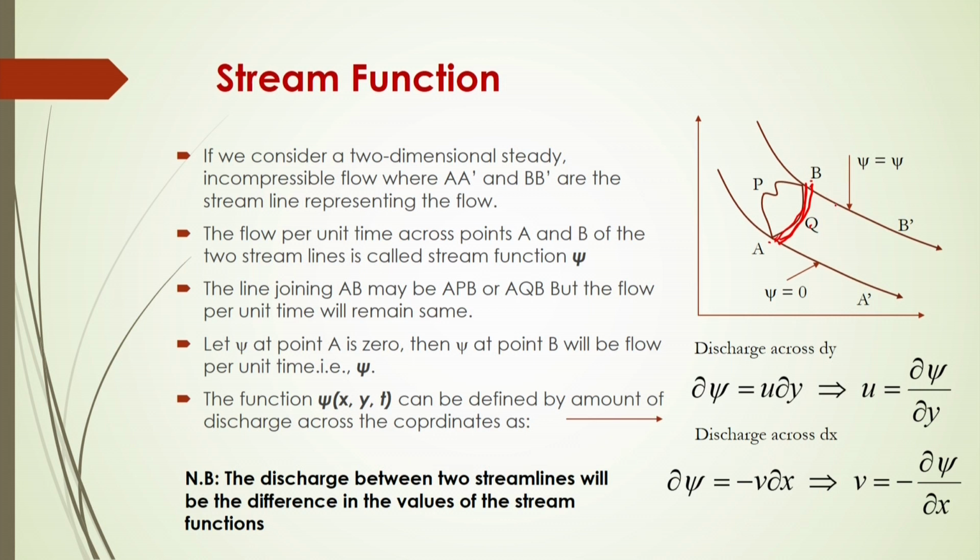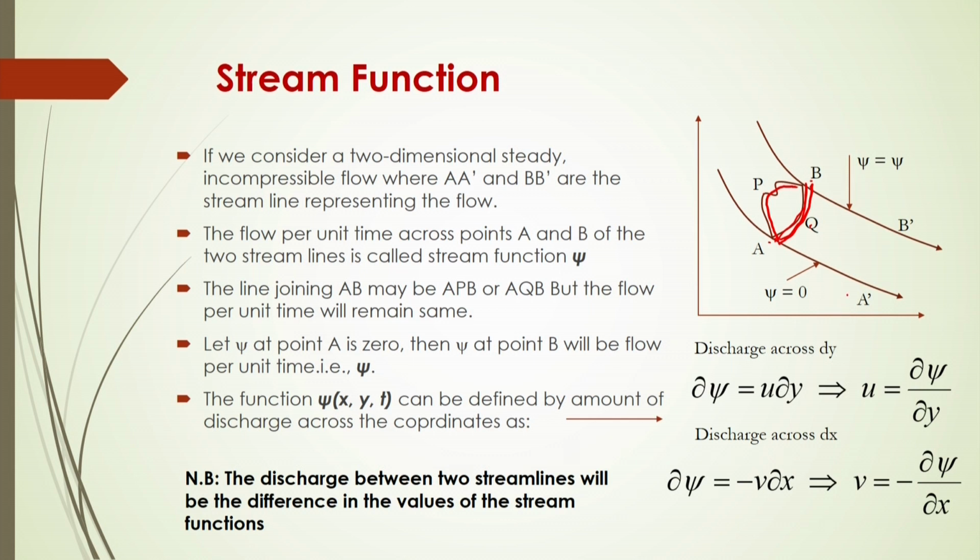It does not matter whether it goes a different way like APB or AQB, the flow per unit time will remain the same. Based on this concept, if we consider that psi at point A is 0, then psi at point B will be the flow per unit time, that is psi.